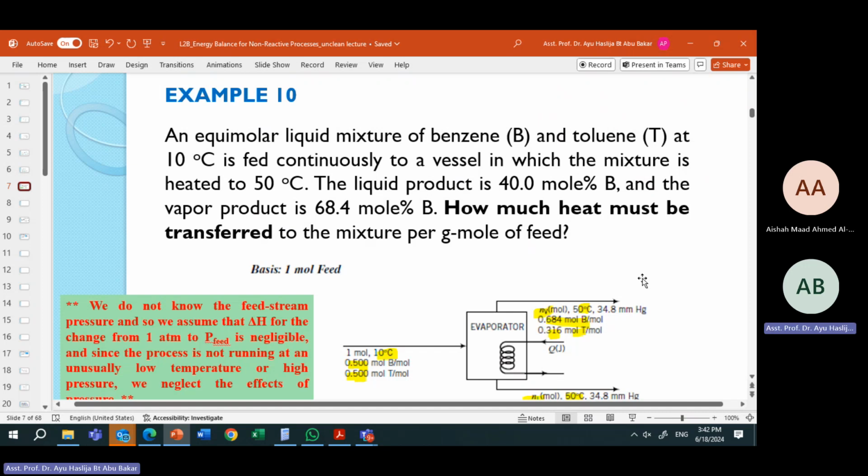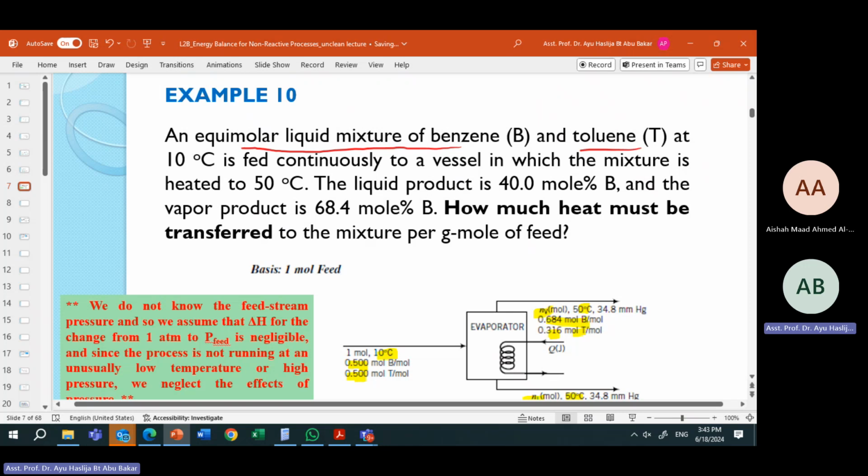Okay, example 10 involves an equimolar liquid mixture of benzene and toluene. From the term equimolar, what do you understand? 50-50, same amount.